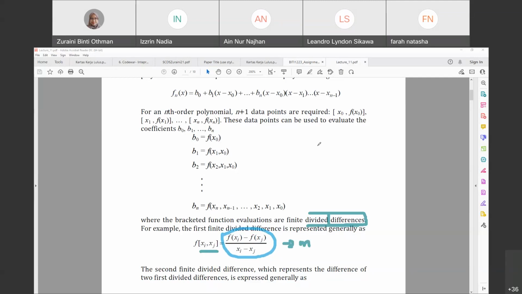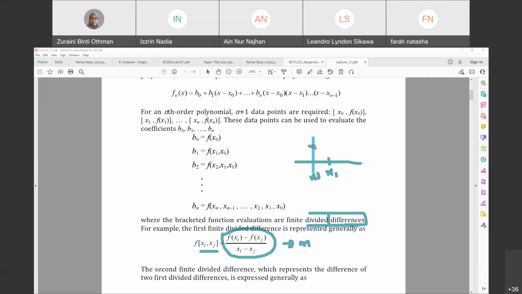This is the kecerunan. If you have point, this is X1 and this is X0. X0 kita kat sini contohnya. Bila kita nak cari point tu, macam kita cari kecerunan lah. Okey, pada titik X kosong, nilai dia apa?